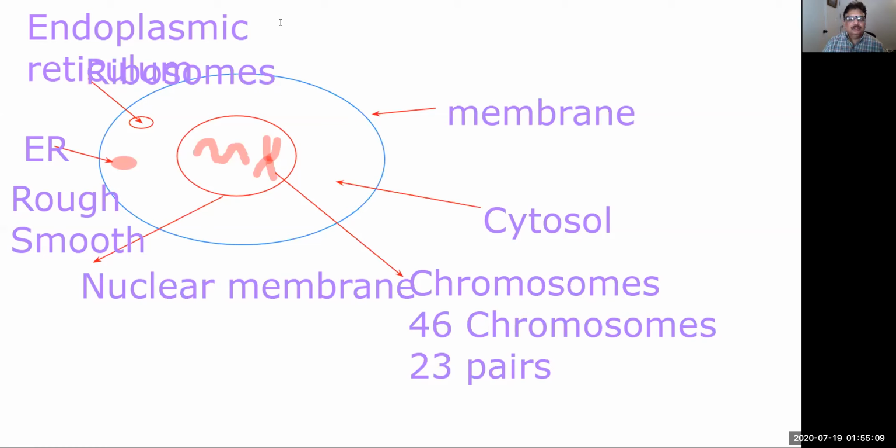The third organelle that is present is called the Golgi apparatus.